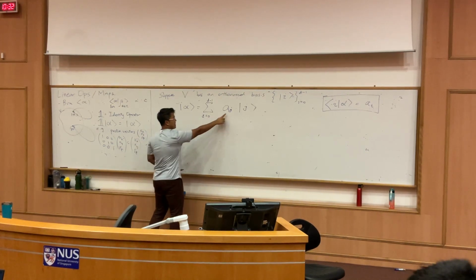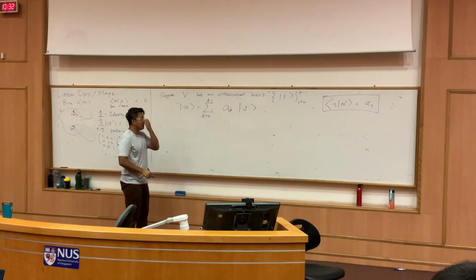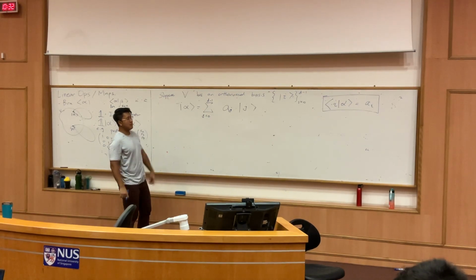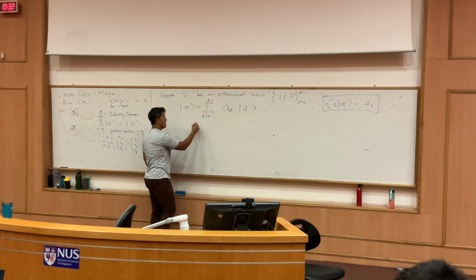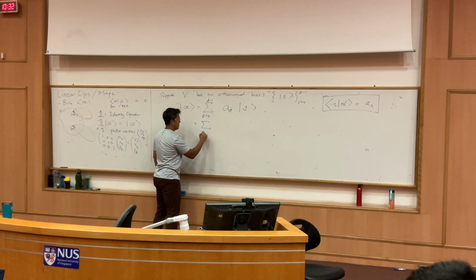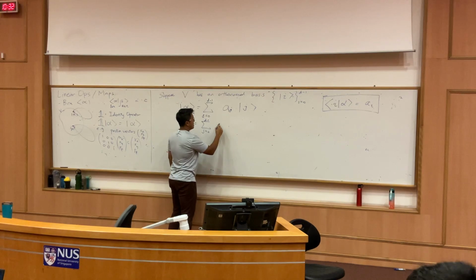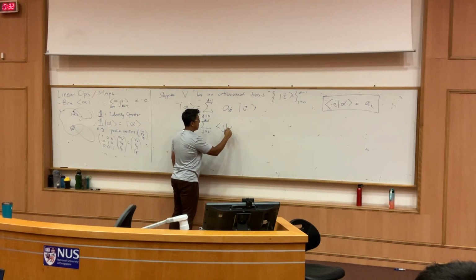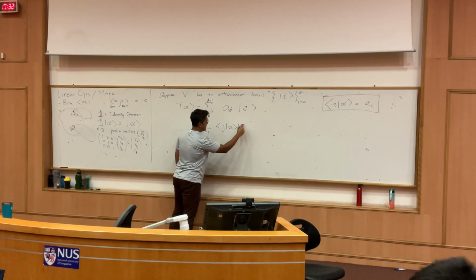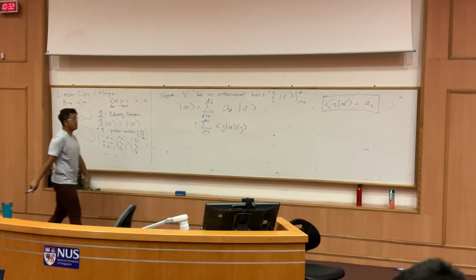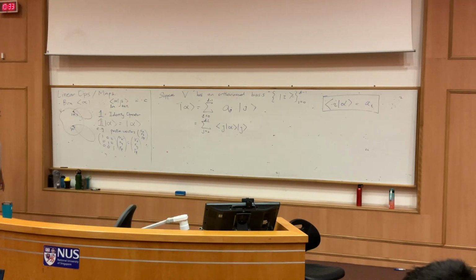So the jth coefficient is nothing more than that, right? So I can rewrite it as this, J alpha J. Okay? Now a few things.